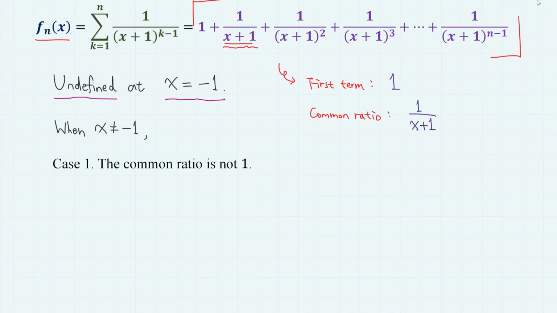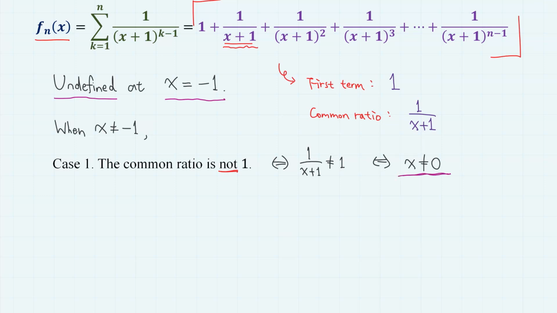And here we must divide cases. When the common ratio is not 1, this means that 1 over x plus 1 is not equal to 1, that is, x is not equal to 0.